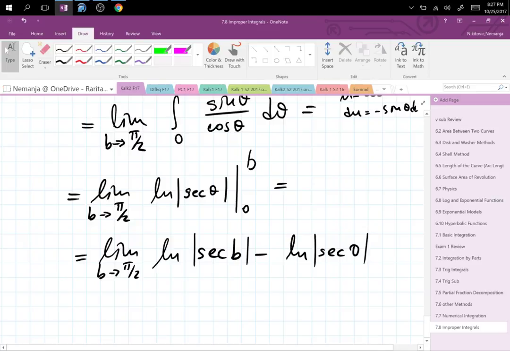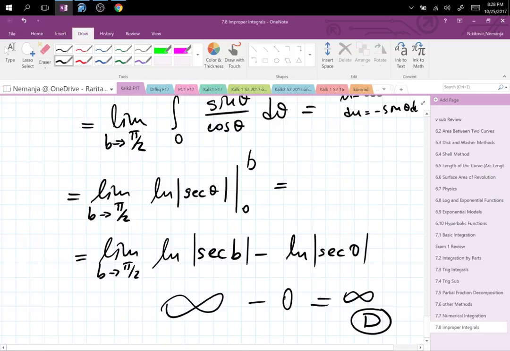Now, how much is secant of pi over 2? Well, that's a cosine. Cosine of pi over 2 is 0. So that's the one that explodes. And secant of 0 is 1, ln of 1 is 0. So the whole thing is infinity, and it diverges.